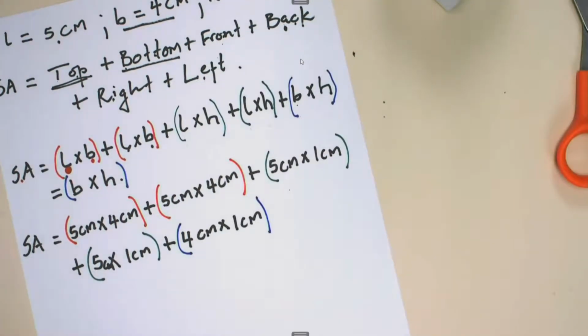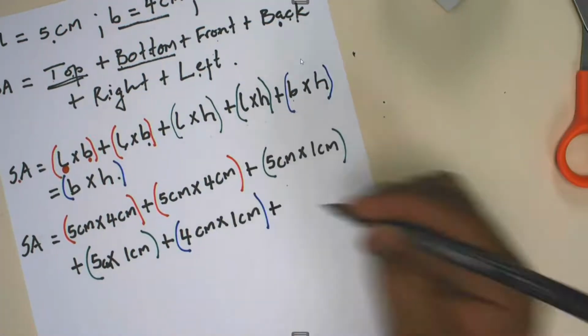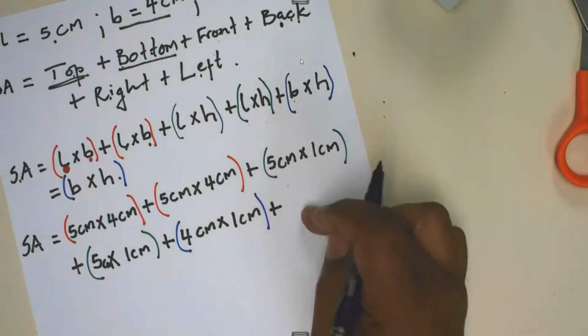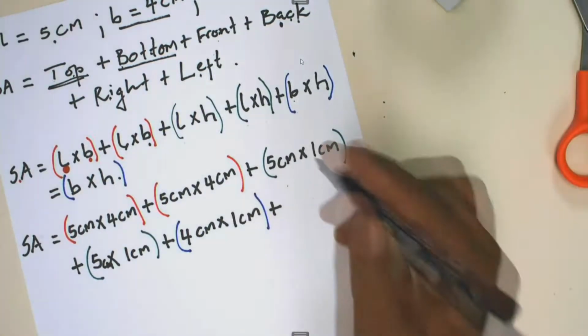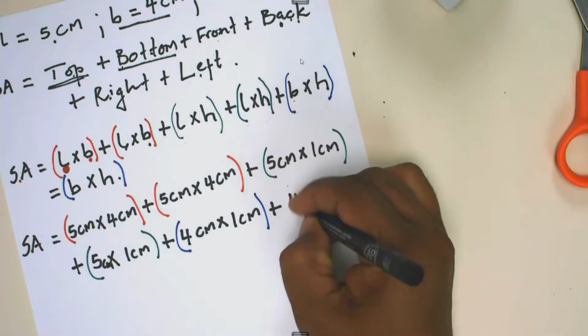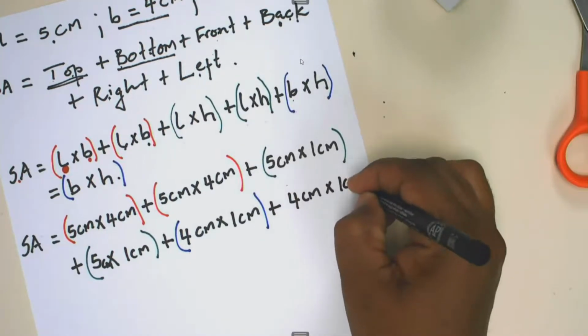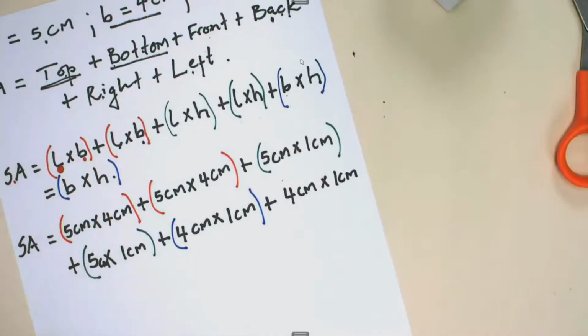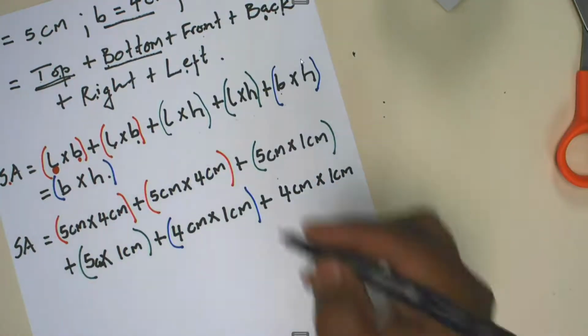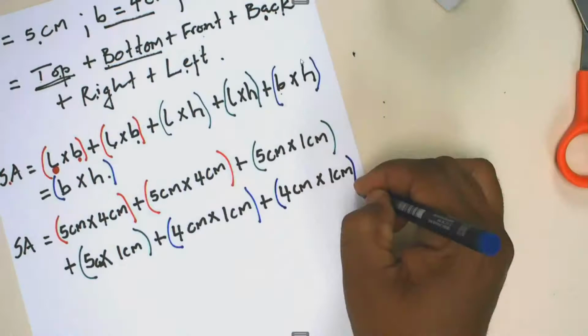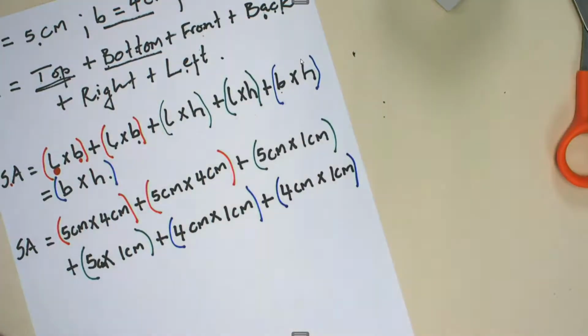And therefore, that was the right part. Now let's go to the left part. The right and the left will be identical. That will be 4 centimeters of the breadth multiplying by the height of 1 centimeter. And therefore we said, okay, let us now put that in the blue brackets.